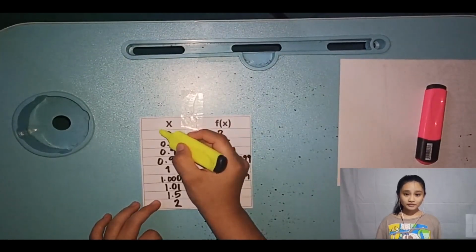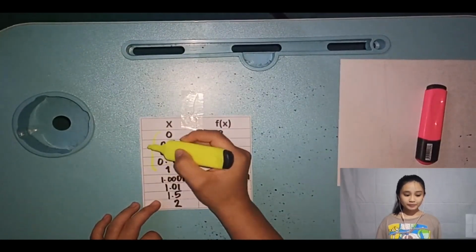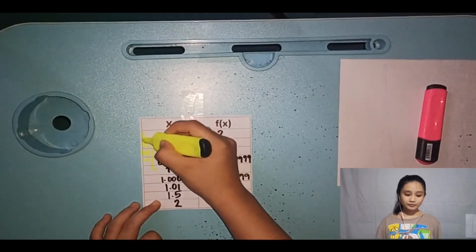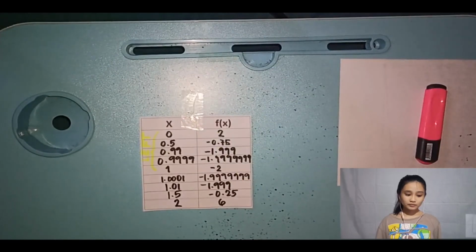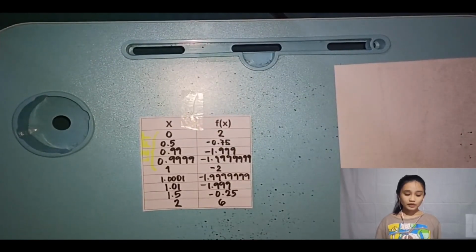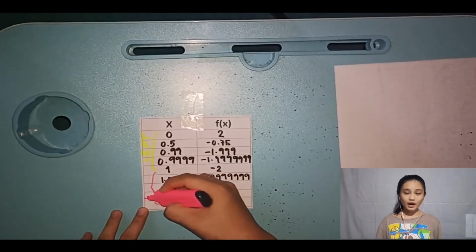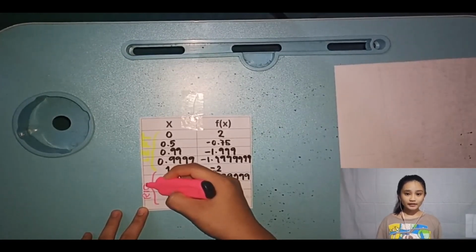The upper part is the left side, approaching to the left side. And the bottom part of the table of values is the right side, approaching the right side.